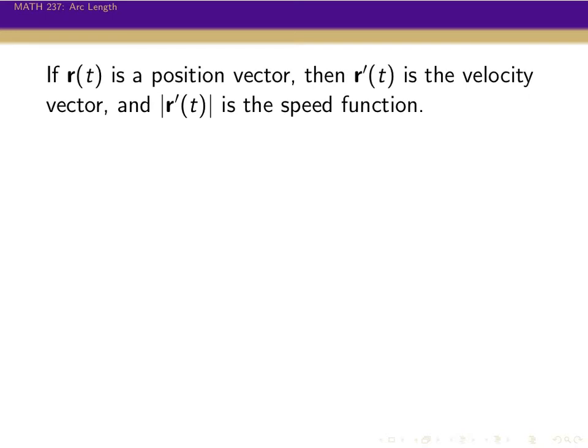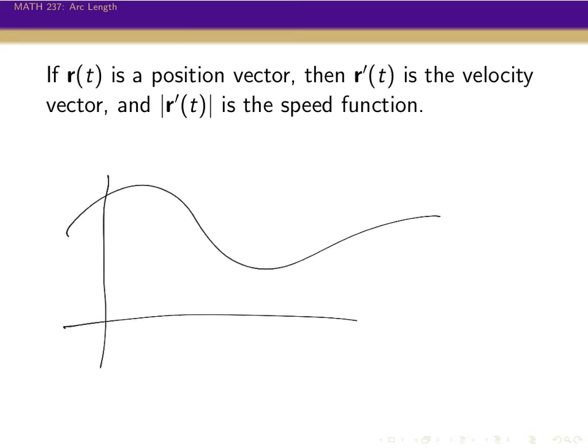Let's recall that if r of t is drawing out a curve, then the vector function itself is the position vector. If we have our axes, here is our curve. What r of t does is it points from the origin to points on the curve: r of t1, r of t2.